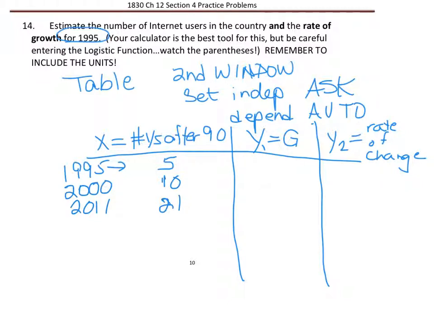And then it's also going to ask us to look at the rate of growth over time, so we're also going to look at what happens at 25 and 50 and see if we can determine what's going on after that.